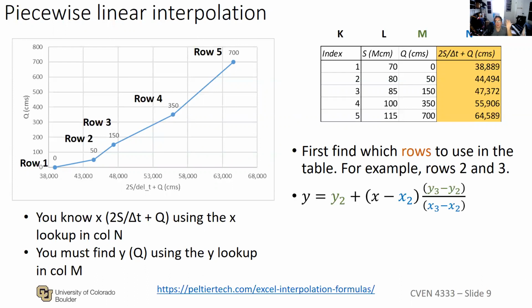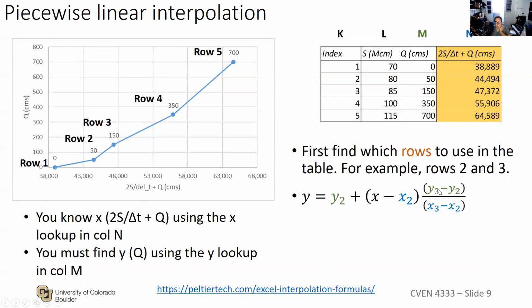So in our example, we'll just use rows 2 and 3. It's just a simple equation essentially to find what you're interpolating between. Notice that the coefficients here relate to the rows that you're using in the table, so you can see this. Now, x is going to be from the time series calculation that you're doing. You're going to end up being able to find y, and then you're going to be done.